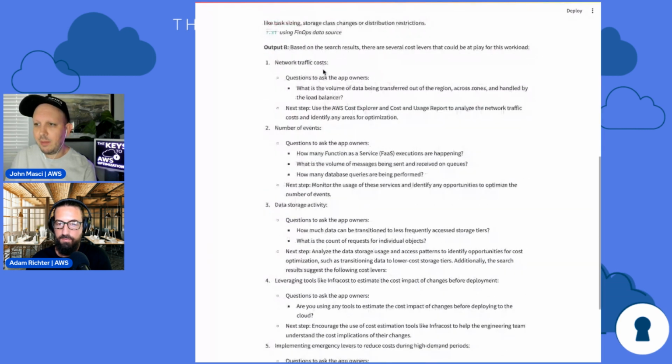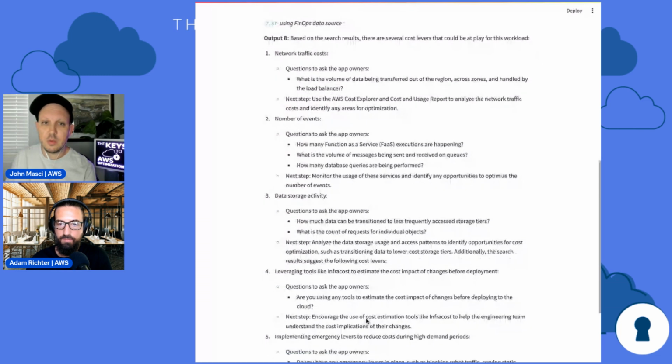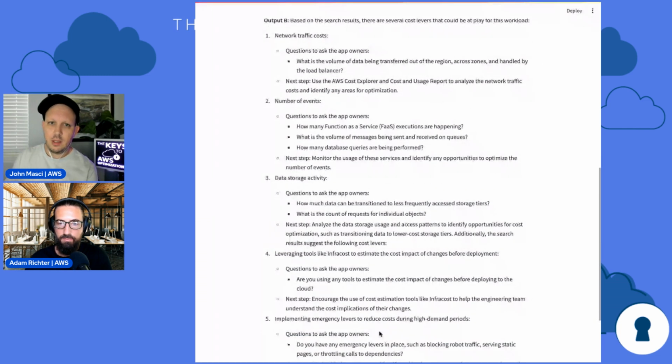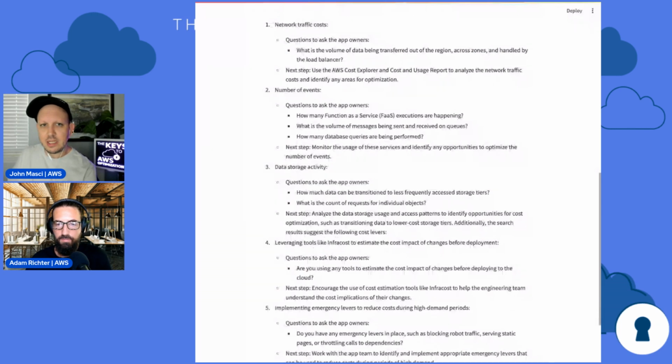There was a cool one that came in here around looking for emergency levers. What if we see a sudden spike? There's one of those denial of wallet attacks, or there's something that goes against the workload that's driving it up, or maybe just normal usage. Do I have a brake put into place and implemented to help me drive down and optimize the cost?